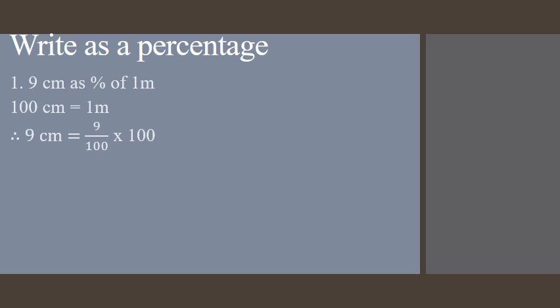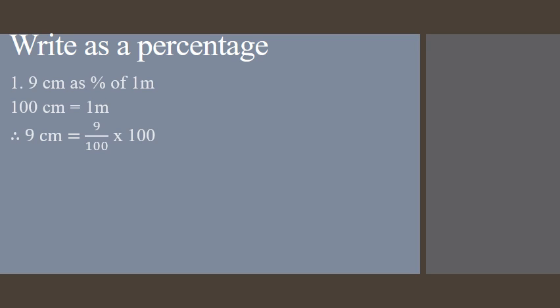So now children, the next question is write as a percentage. The first question, 9 centimeter as percent of 1 meter. This means that 9 centimeter is how much percent of 1 meter. So let us see how we will do this question. Children, we know that 100 centimeter is equal to 1 meter. So 9 centimeter is equal to 9 upon 100, and in order to change it into percent, we will multiply it by 100.